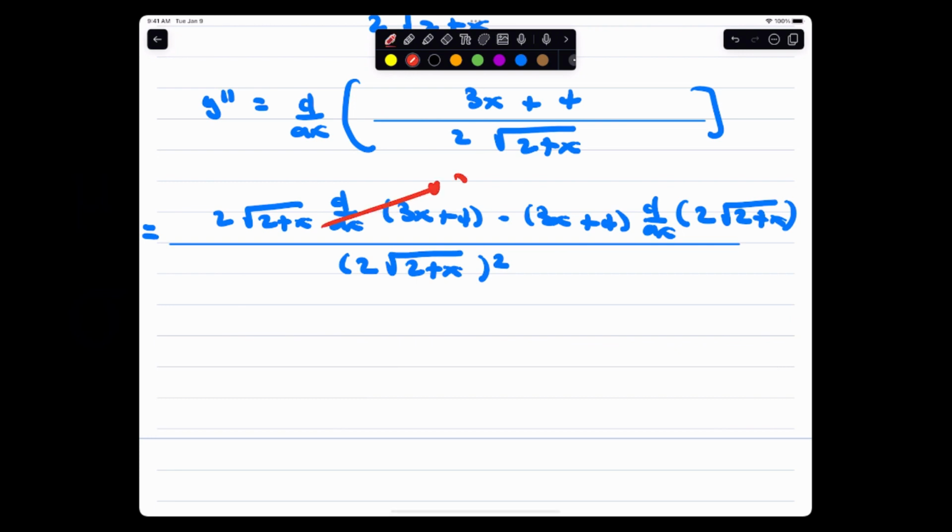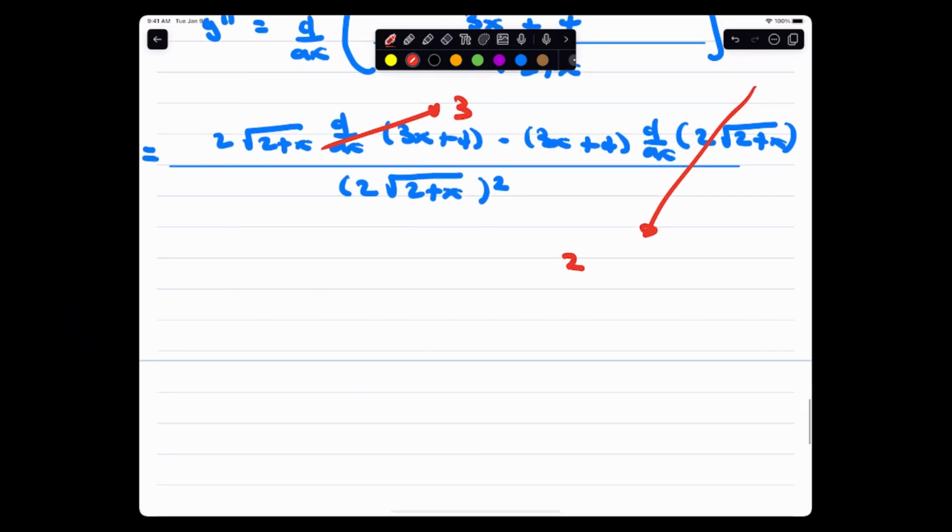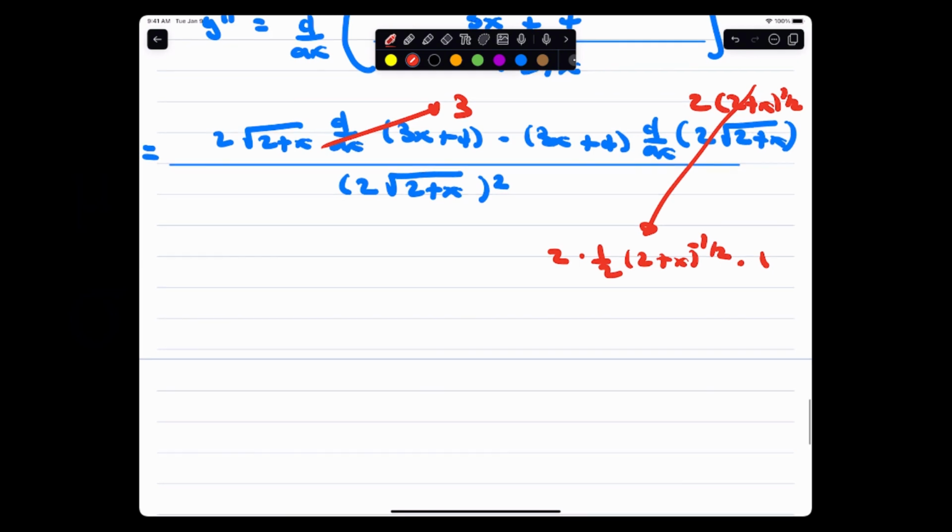So this derivative is 3. Is that right? What's this derivative going to be? Pull out the constant. So that's going to be 2 times 1/2, 2 plus x to the minus 1/2 times 1 by chain rule. So this will be 1 over square root of 2 plus x. Double check my arithmetic, okay?